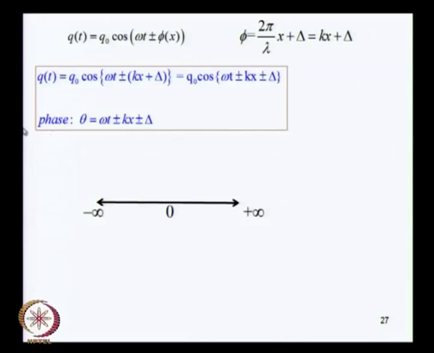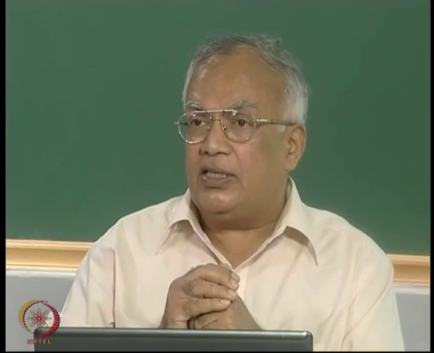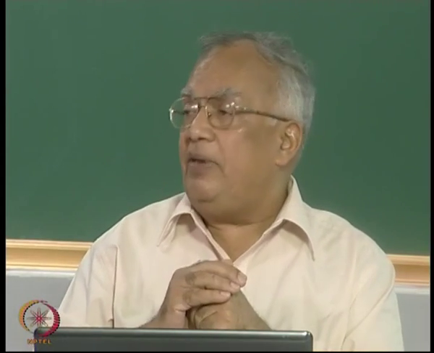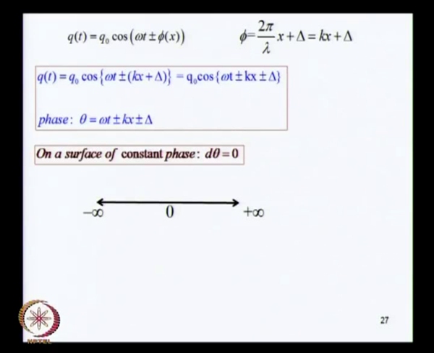But a surface of constant phase will be described by all those points at which this theta, this phase angle, is the same, and if this angle has a certain value which is constant for all the points on the surface, then for all the points on the surface, the angle theta being the same, the variation in this angle is 0.